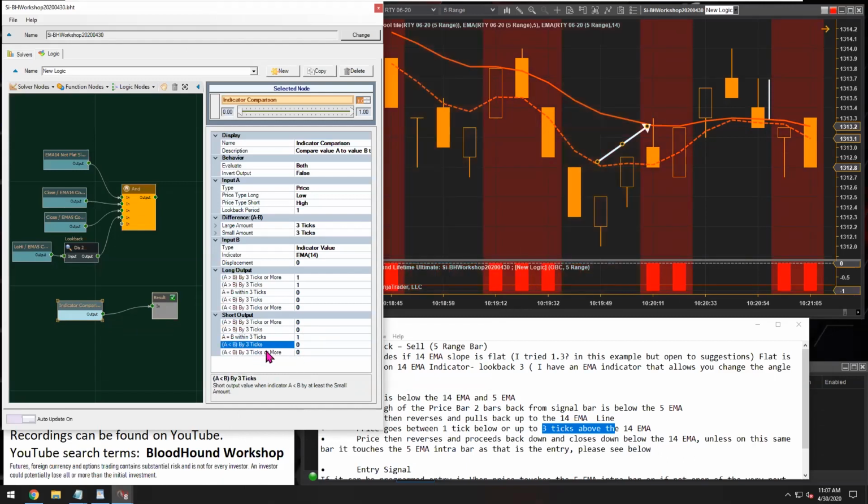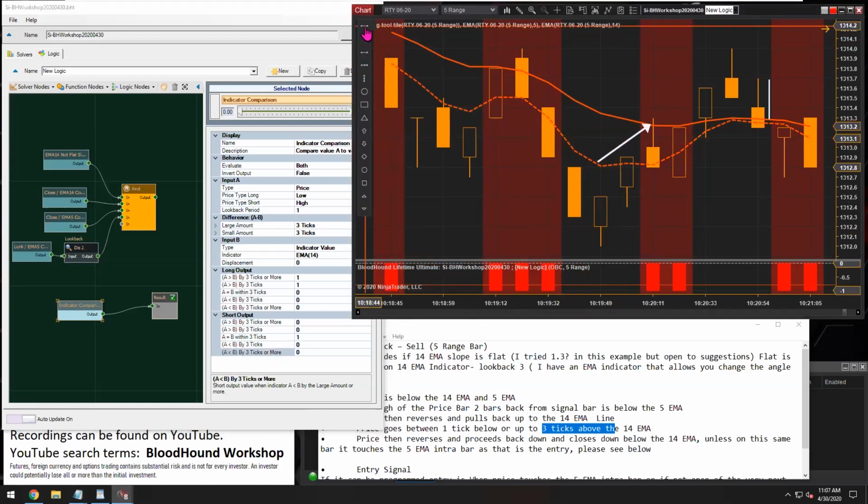Actually, let's see, A less than B by 3 ticks. No, we're not looking for the high to be less than the EMA14 by 3 ticks. This output would be something like this: if this is our EMA with a 3 tick offset, we'd be looking for the high to be less than this 3 tick distance.